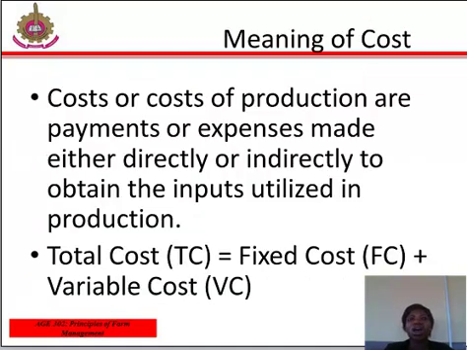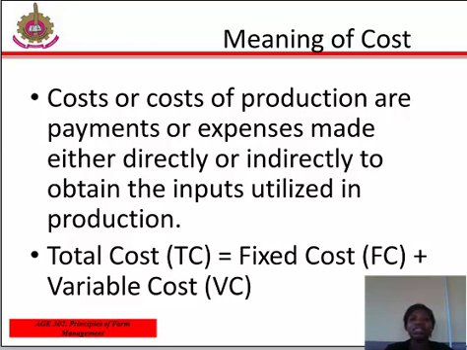Costs or cost of production are payments or expenses made either directly or indirectly to obtain the inputs utilized in production. Agricultural cost is referred to as the value of agricultural inputs used in the production of agricultural outputs, that is, the cost of producing a product such as yam, maize, eggs, goats, and cattle.